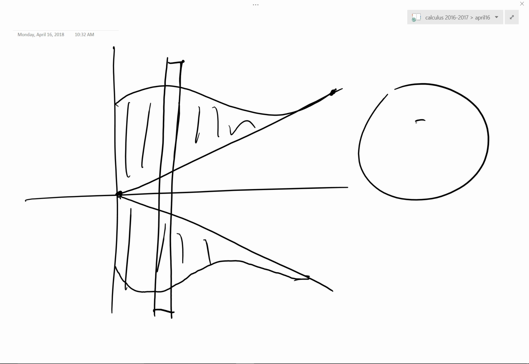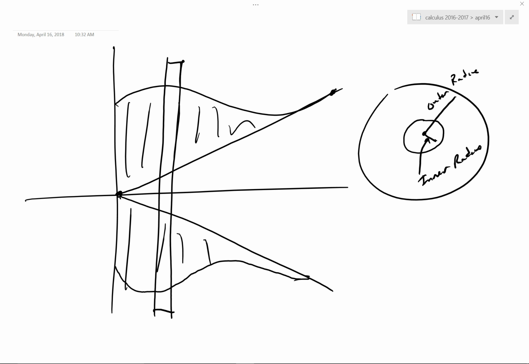A washer. Where there's an outer radius and an inner radius. Wait a minute. How would you find the volume of this whole thing?